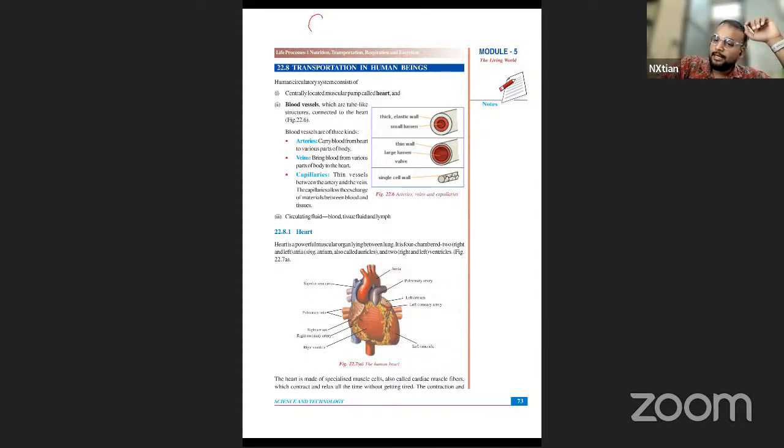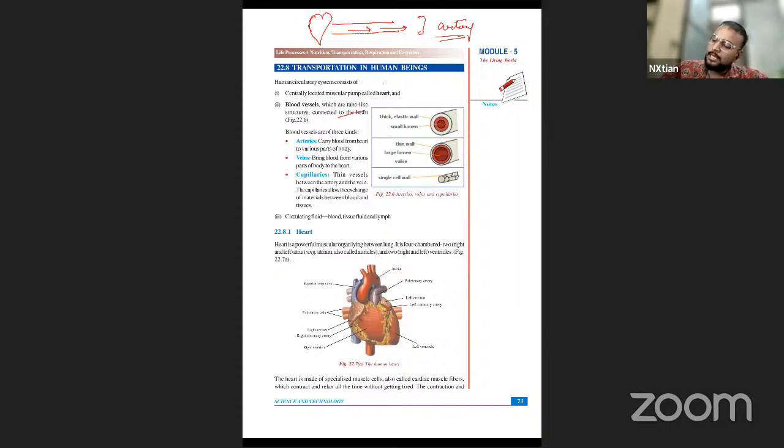For example, this is the heart. Now blood vessels which are taking blood away from the heart are called arteries.